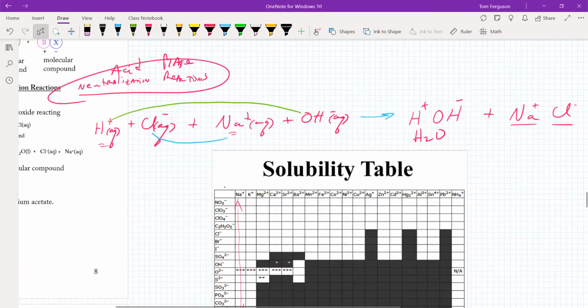So that remains aqueous. Now the water can be either gaseous, liquid, or solid based on the temperature. So we're just going to put L here. We're going to assume this happens at room temperature. Okay, so the driving force here is water is very stable compared to the acid, compared to the base.